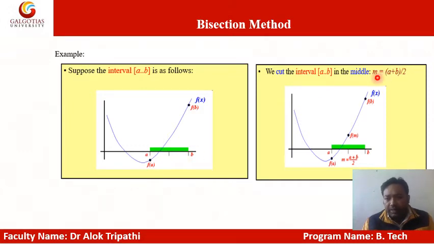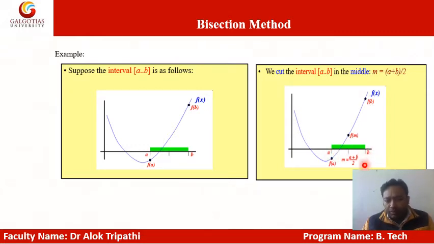So we have done here (a + b)/2. This will give you the middle value, and we denote it by m. You can see here m equals (a + b)/2. So this is the mid value of the interval. Now we have the value of the function at the first endpoint a.